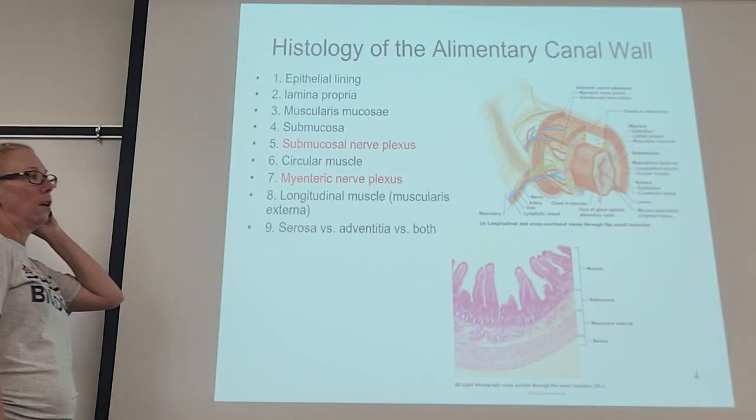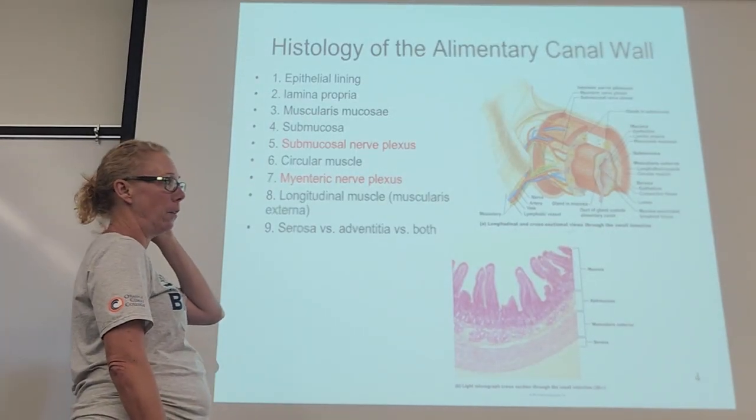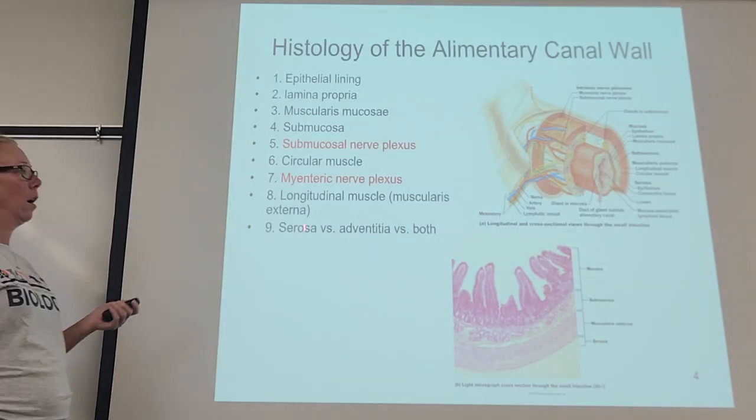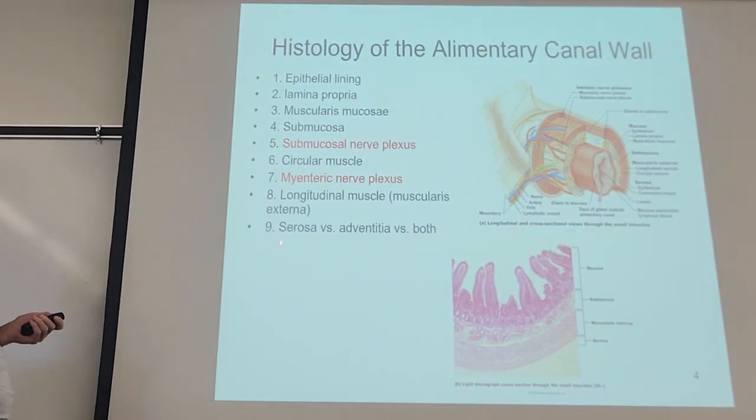All right, so we need to address the different layers of the digestive system wall. Okay, we've looked at this in lab, the different layers. So we're going from deepest to the most superficial, okay? Deepest, we have an epithelial lining, okay?